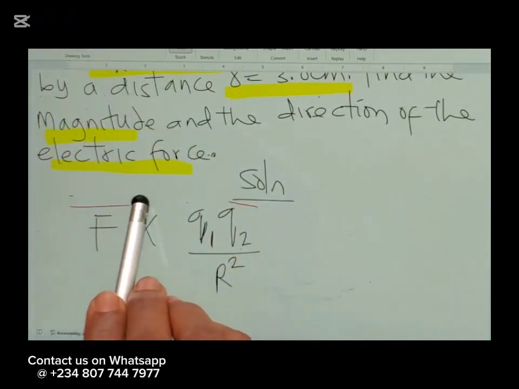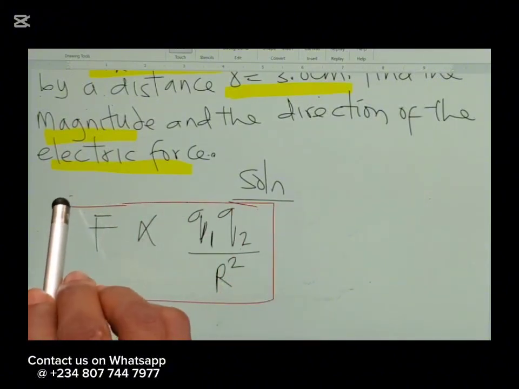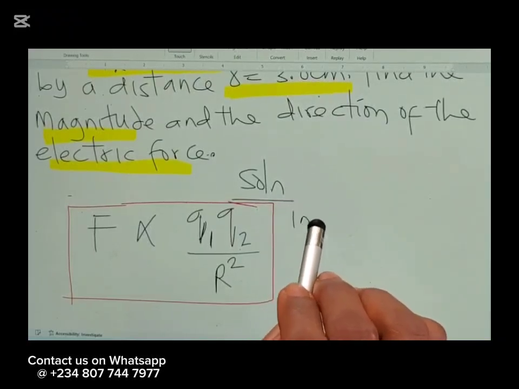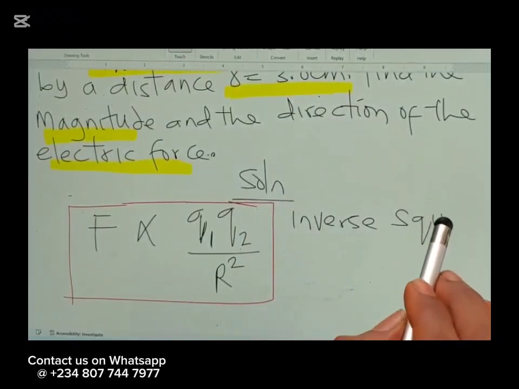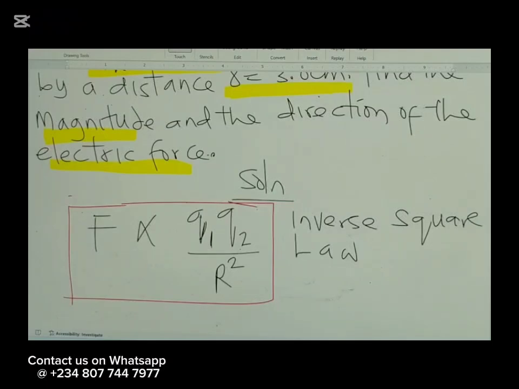Either you call this Coulomb's law, or you call it inverse square law. Please take note. We have two inverse square laws.